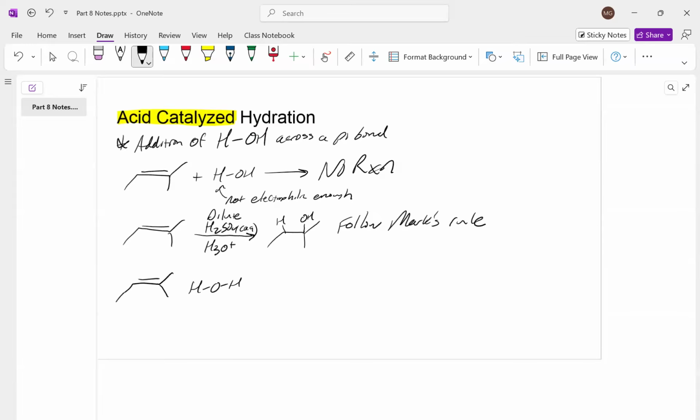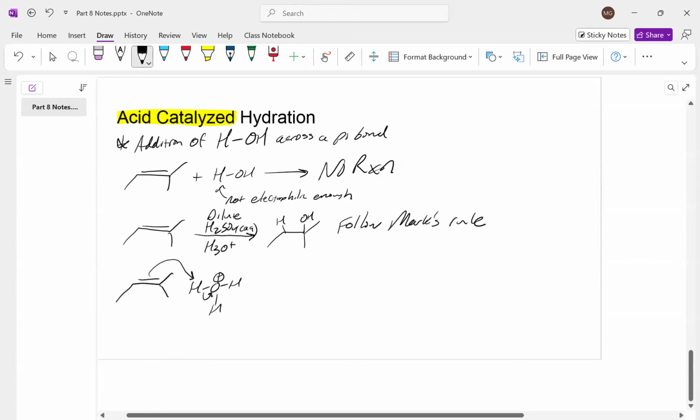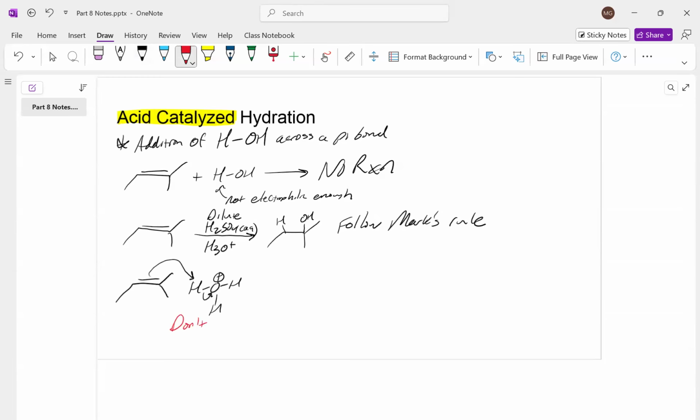In the first step, we're going to use our pi electrons to pick up a hydrogen. Notice it's the same exact first step as hydrohalogenation. So we're going to do an acid-base or proton transfer here. And I want you to write this in your notes.